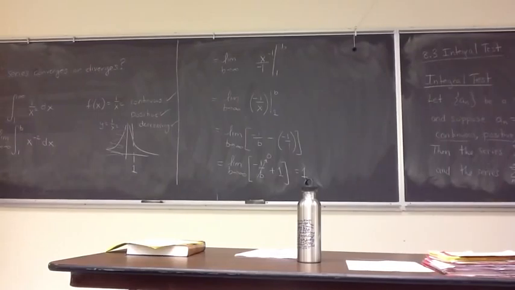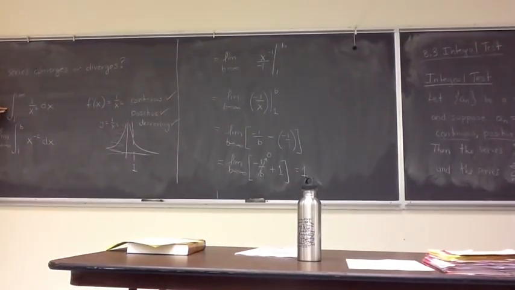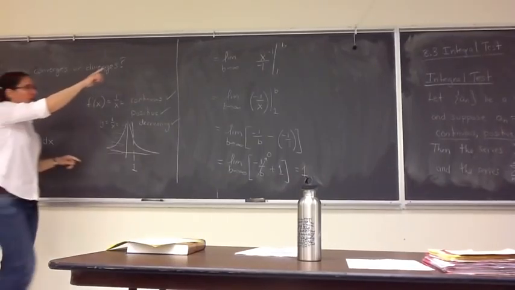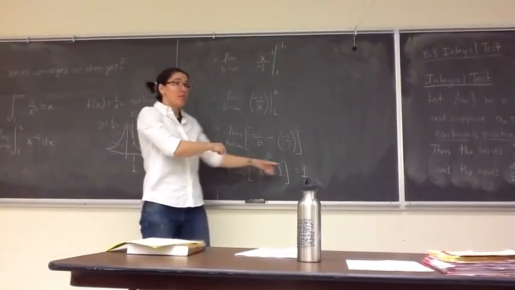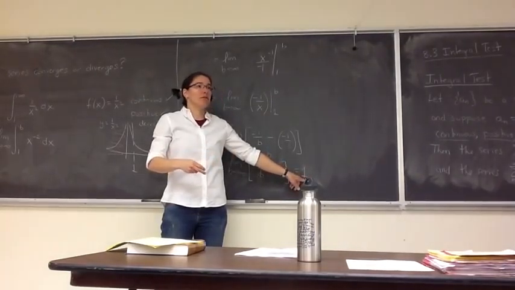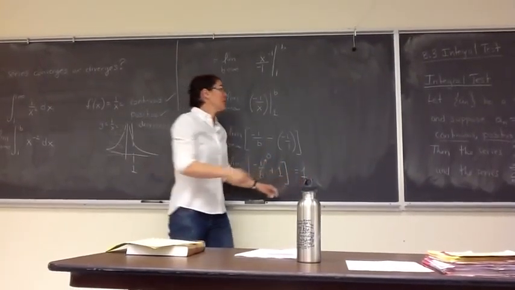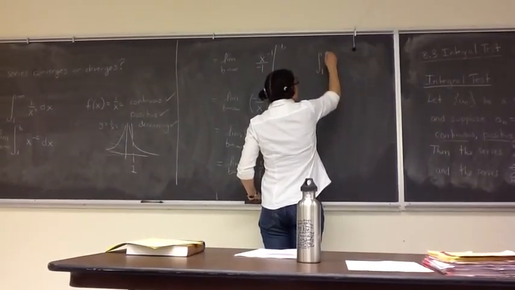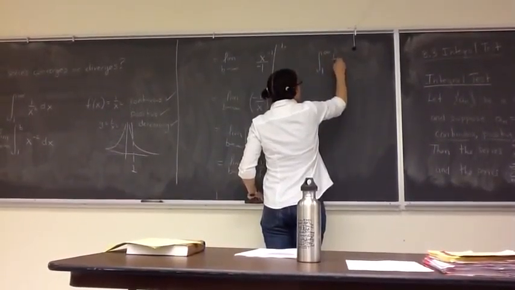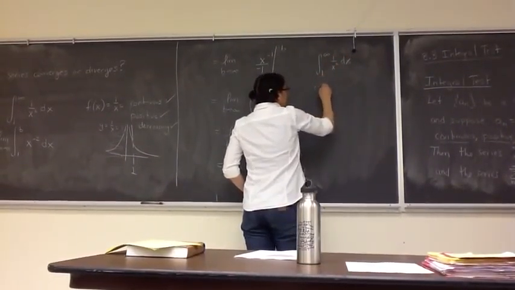Okay, so why are we doing this? Well, we are looking at this improper integral, and we did all of the calculus to figure out that our improper integral is equal to a finite number, so our improper integral converges. The integral from 1 to infinity of 1 over x squared dx converges.